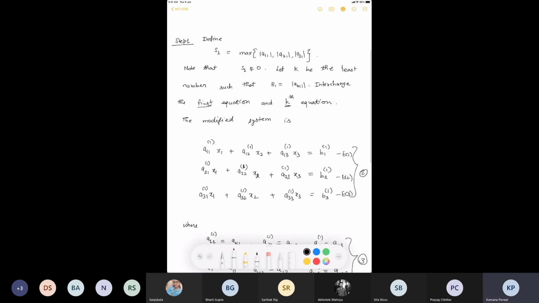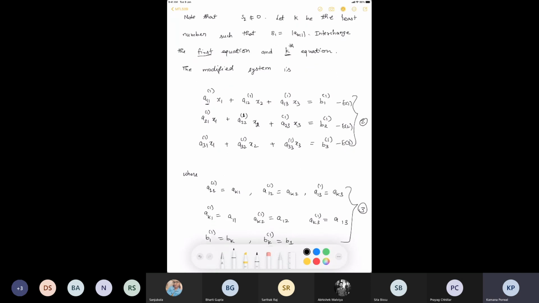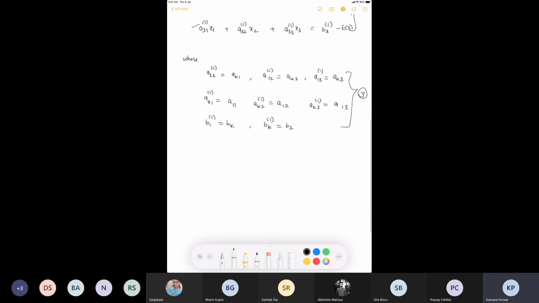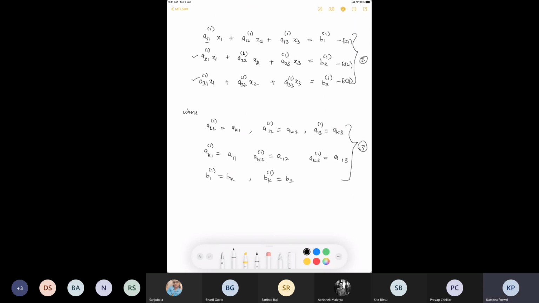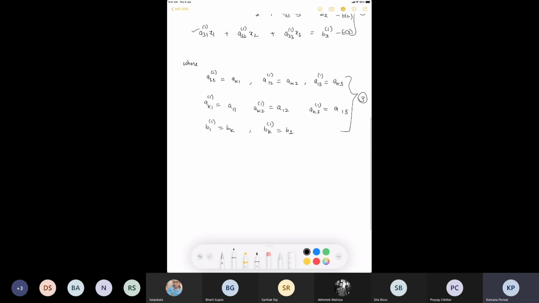So in this new system, you can observe that this coefficient is going to be non-zero, so I can apply the elimination step. That is, I'm going to eliminate x1 from E2 and E3. Okay, so this is the next step. And note that when we have done this interchange of the equations, the rest of the coefficients remain as they are, except the ones I've mentioned here.